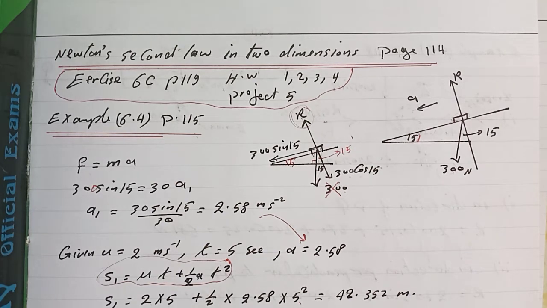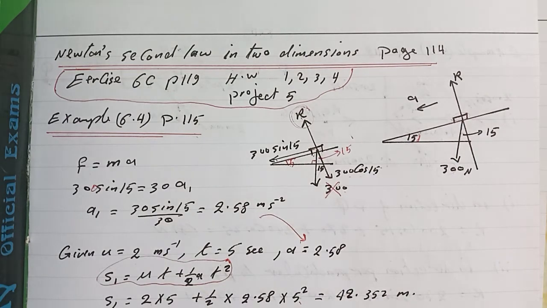Example 6.4 says that Anna is sledging. Her sister gives her a push at the top of a smooth, straight, 15-degree slope, and lets her go when she is moving at 2 meters per second.